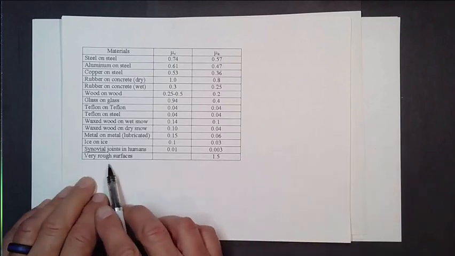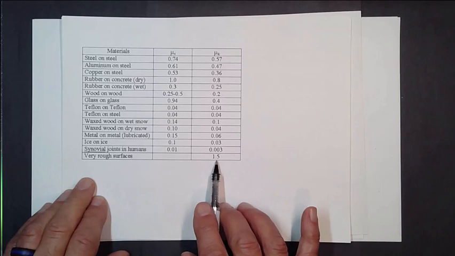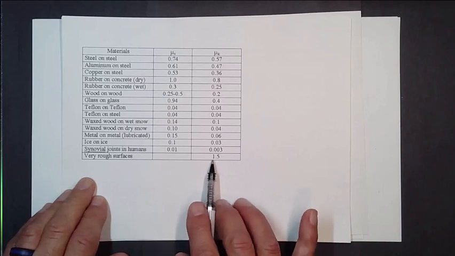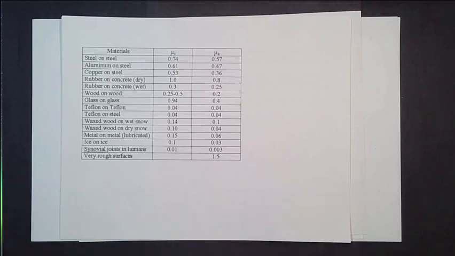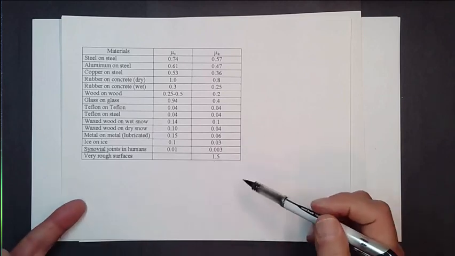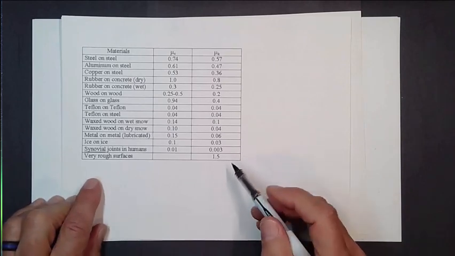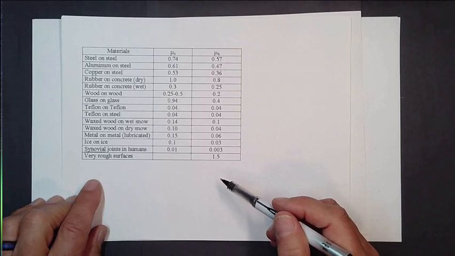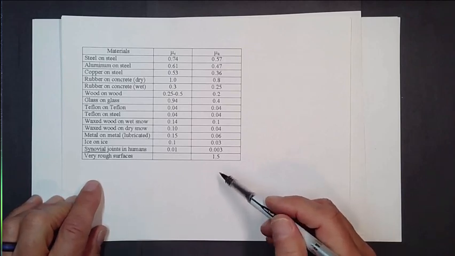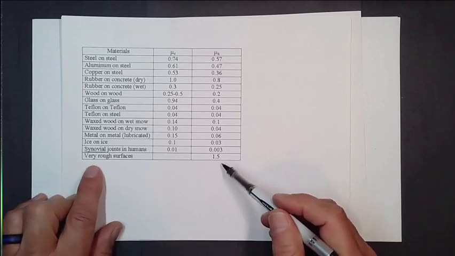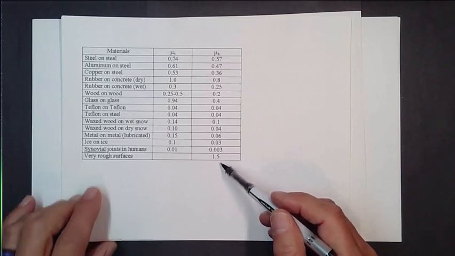Occasionally, with very rough surfaces, you'll have coefficients of friction that are actually more than one. An example I can think of is, I don't know if I've ever seen one of these in Washington State, but on highways that have long downhill stretches, a lot of times there will be runaway truck lanes, and one that I know of is on Interstate 84 down in Oregon, east of Pendleton.